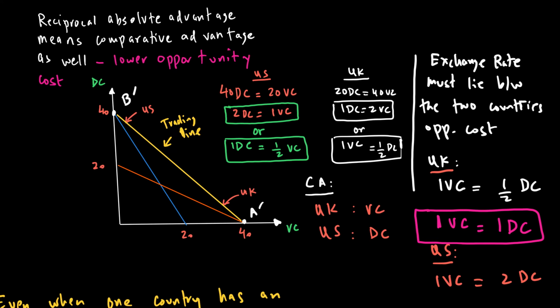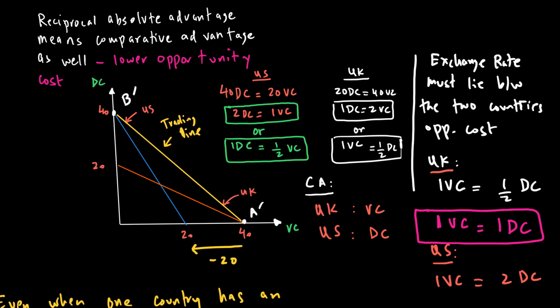Why? Let's see this. Let's say UK is making 40 vacuum cleaners, and let's say they now accept this exchange rate, which is 1 VC is equal to 1 DC, which means that if they go from 40 to 20, they say, how about we give 20 vacuum cleaners to US, and if they do so, US will give them 20 digital cameras in return, because the exchange rate is 1 vacuum cleaner is equal to 1 DC.